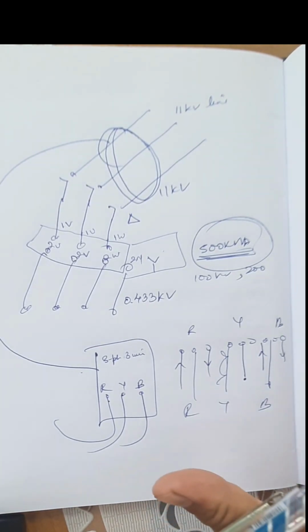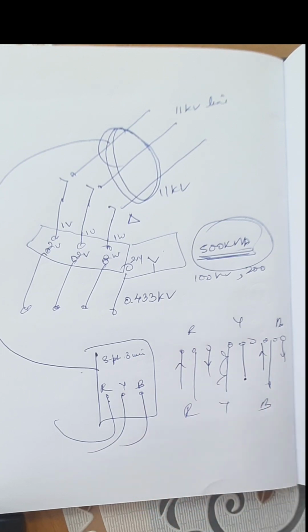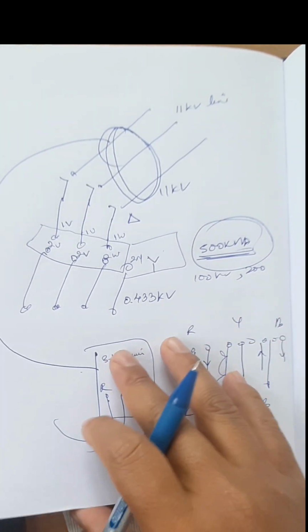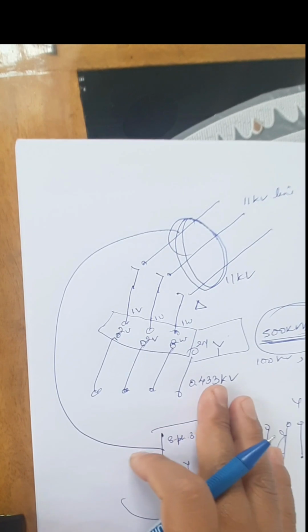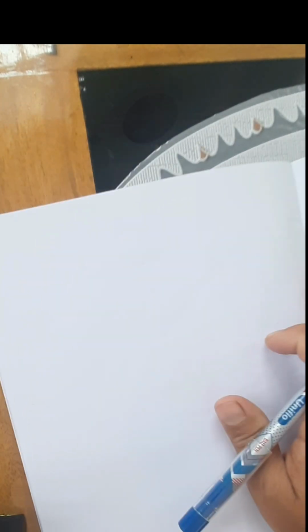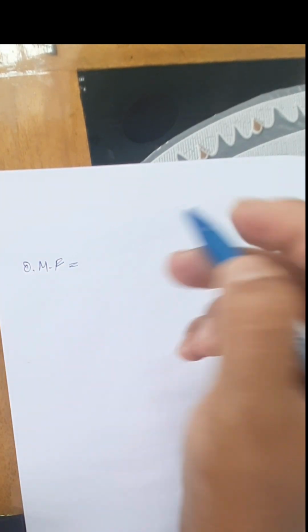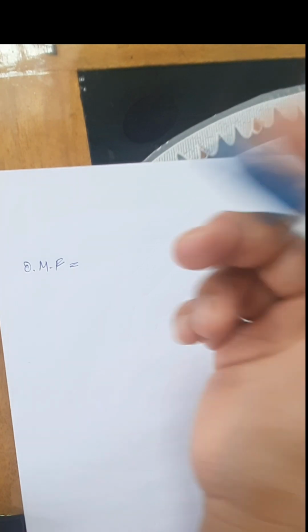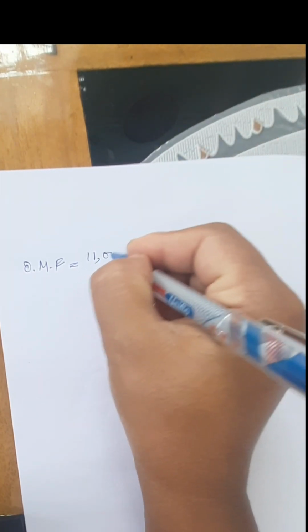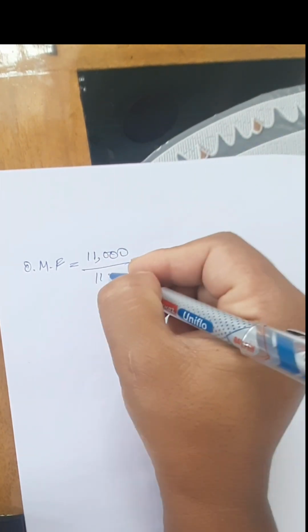Okay, so this is the case of the metering system. The only issue here is your OMF. How much is your OMF here? OMF, the overall multiplication factor, is that of PT into CT. The PT is actually fixed; we always step down to 110.